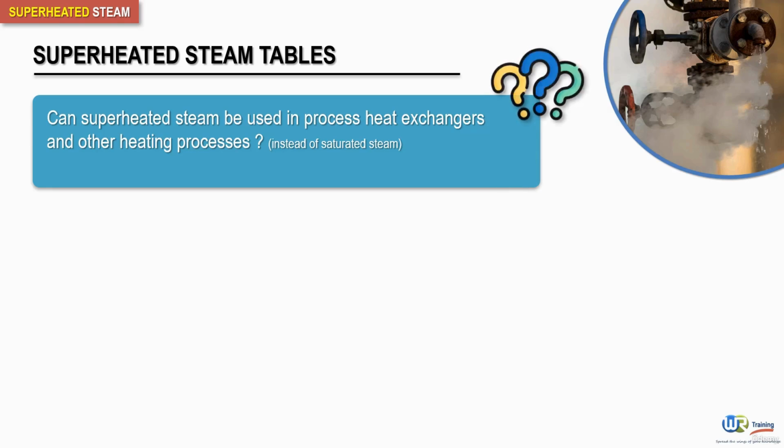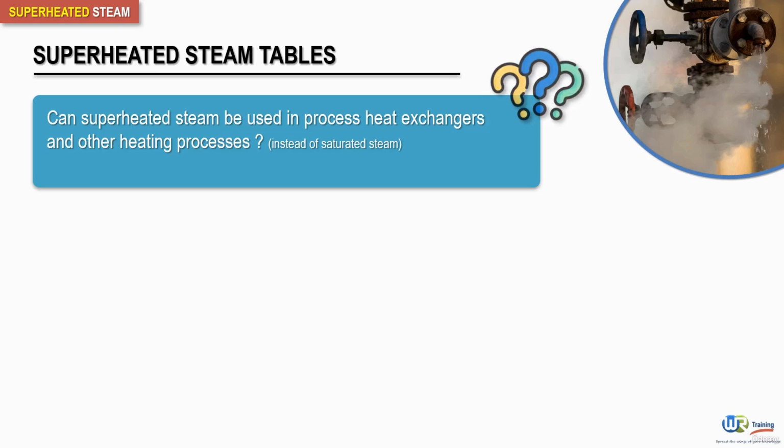This small degree of superheat is removed readily in the first part of the heating surface. Greater amounts of superheat are more difficult, and often it is not economic to deal with, and so are best avoided. There are quite a few reasons why superheated steam is not as suitable for process heating as saturated steam.